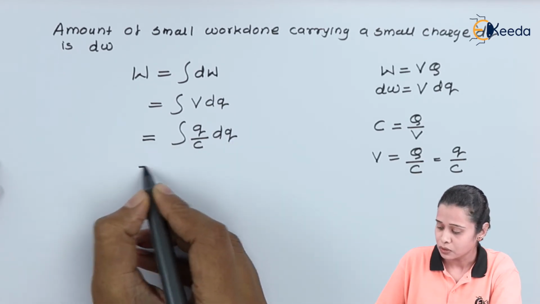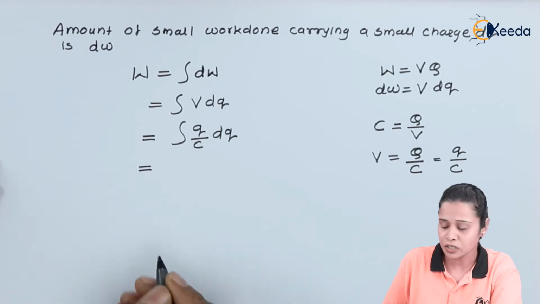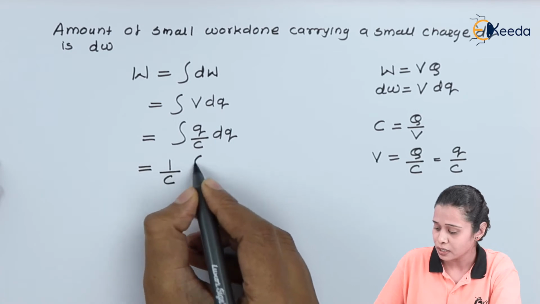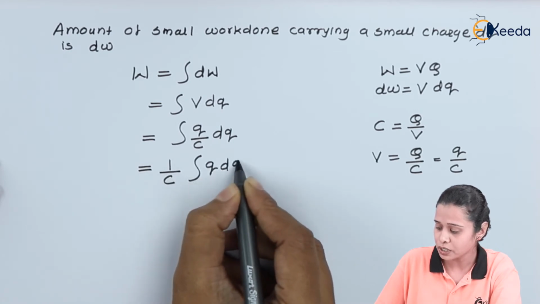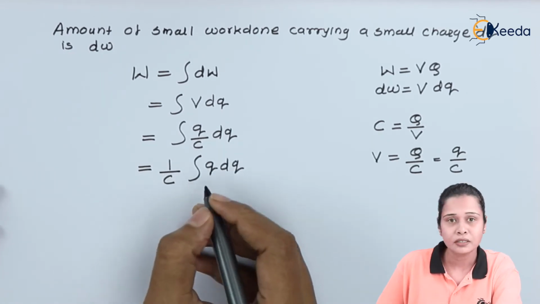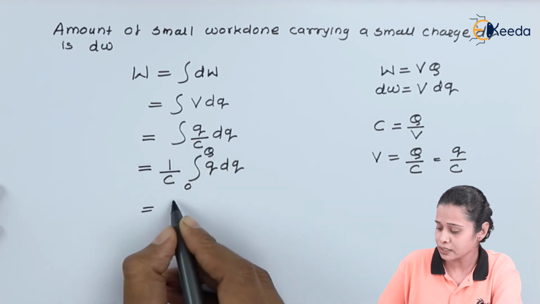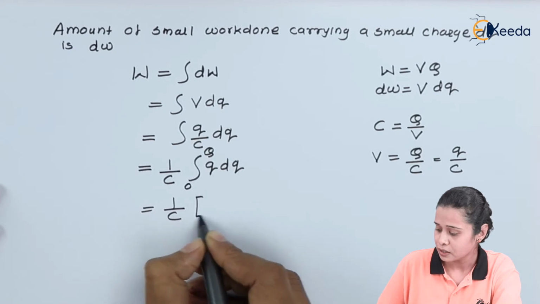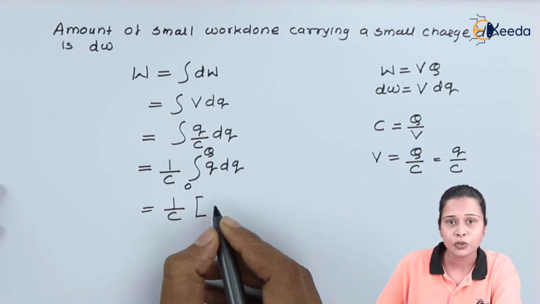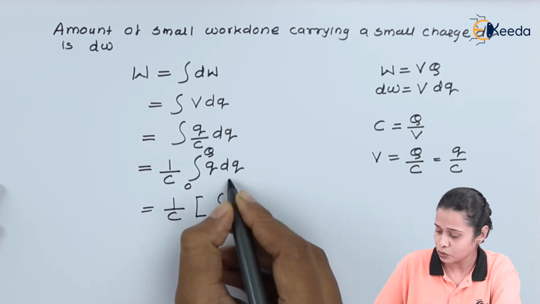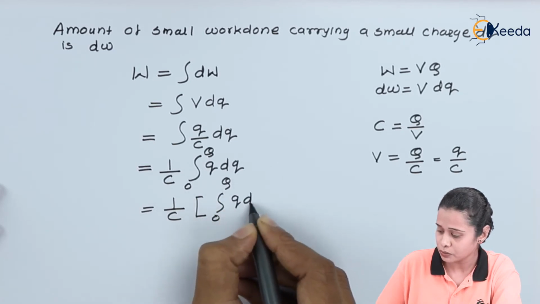Now, C is a constant, so 1 by C is a constant. We have the integration of Q into dQ, where the charge goes from 0 to Q. So let us integrate this: the integral from 0 to Q of Q dQ.